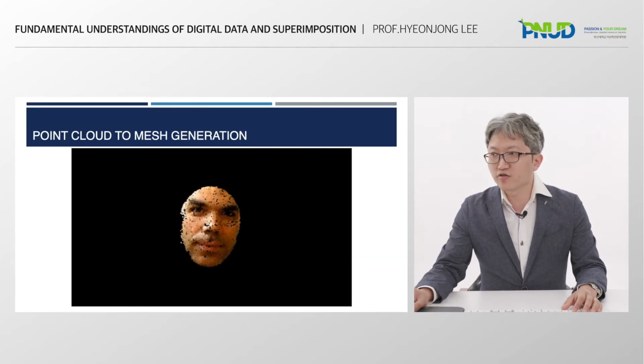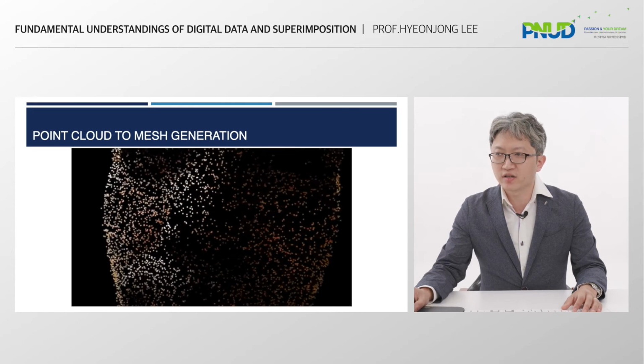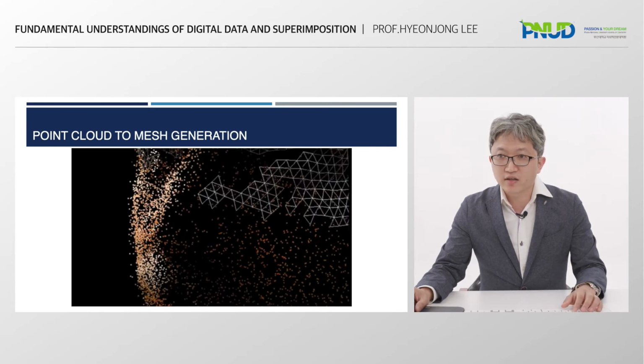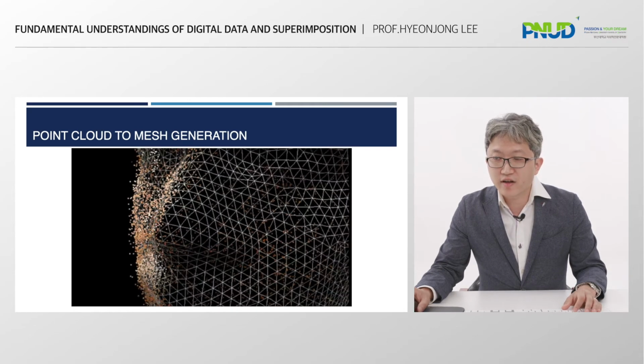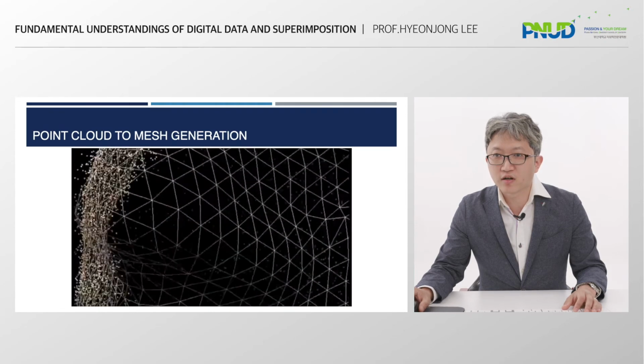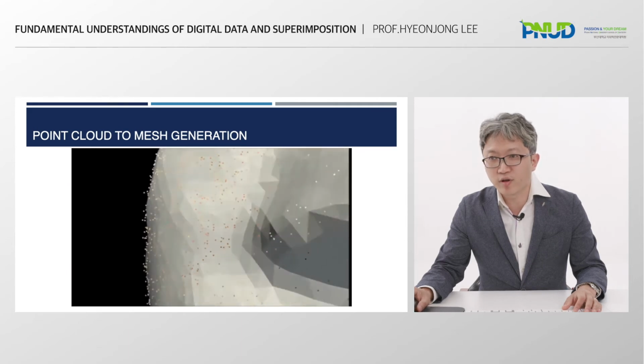So let me show you a short video. I think this shows the process of mesh generation in a facial scanner, and it's really good to understand. As you can see here, there is the mesh and there are many outlier cloud points, and all of these spread points will be removed.